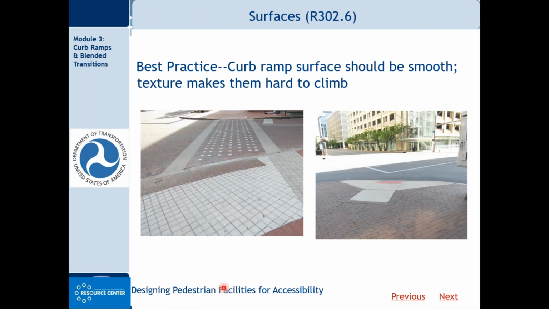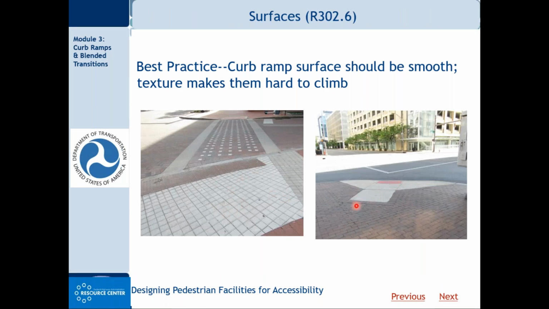And then surfaces. Again, it's too bad we're not all together and we can't go out and demonstrate this, but this is not a requirement. It's a best practice, but curb ramp surfaces should be smooth. Texture makes them hard to climb. So both of these ramps comply with PROWAG.